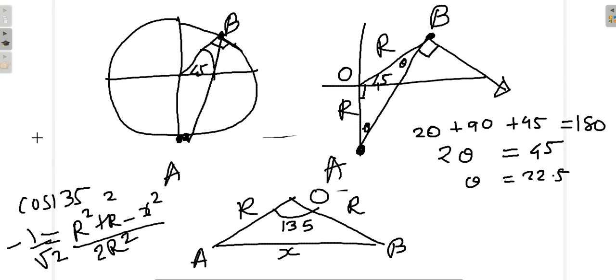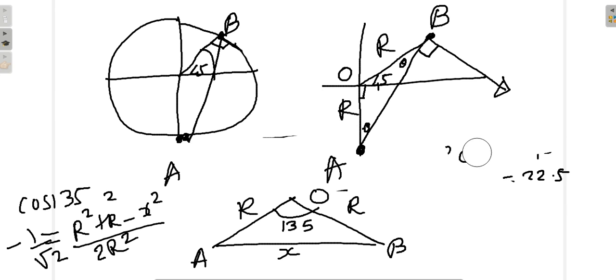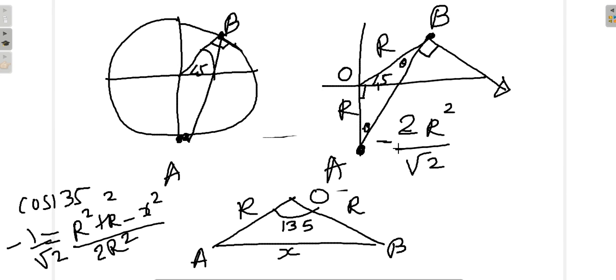So what we have here is minus r square upon root 2, of course with a minus sign, is equal to 2r square minus x square.